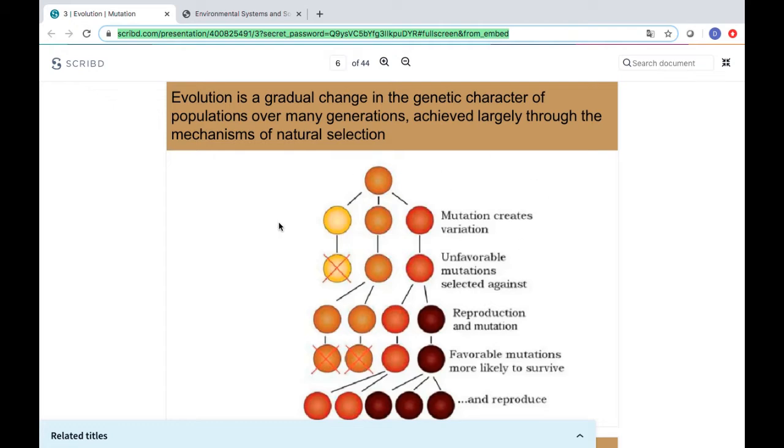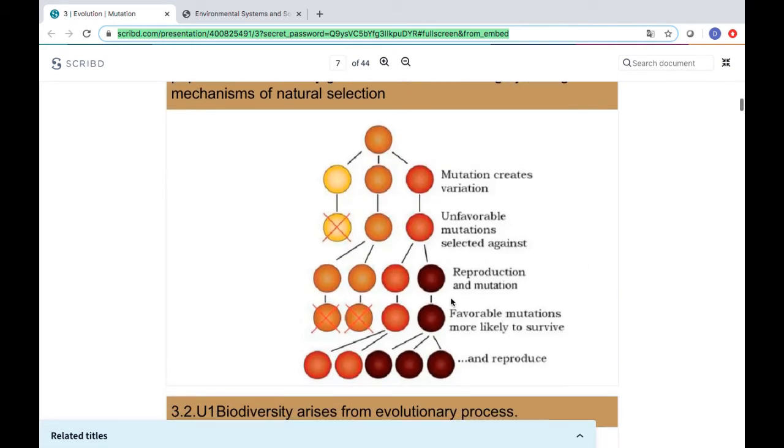So from that mutation, we have different kinds of living organisms, but for some of them that mutation is not going to cause a favorable condition. So this one is going to die, but the other two are going to survive, right? They are going to survive, reproduce, and again a mutation is going to happen, and they are going to survive, okay?